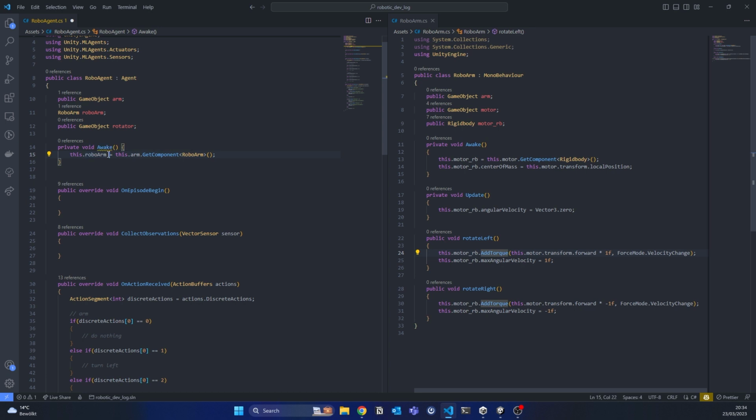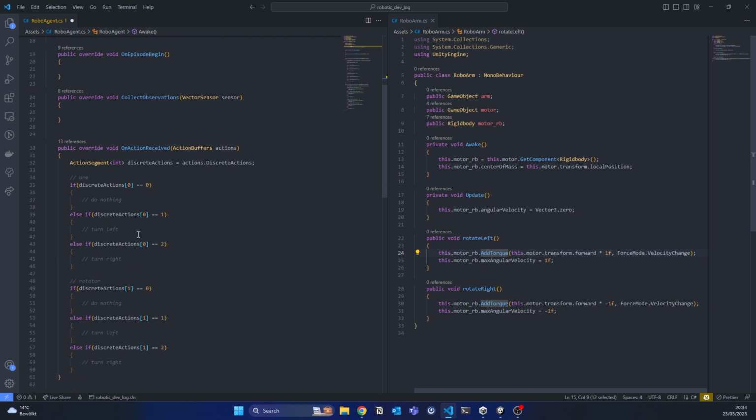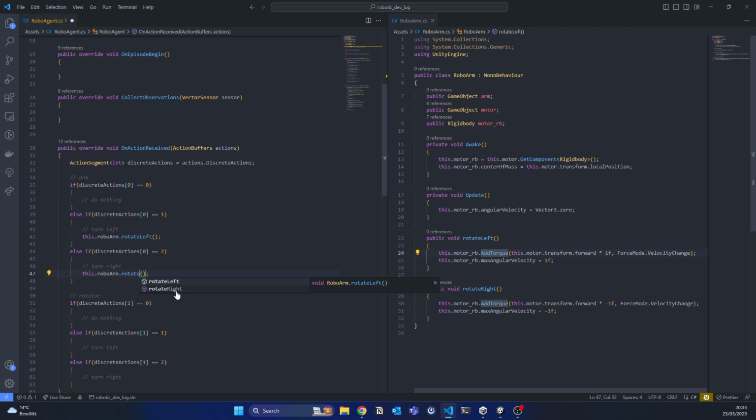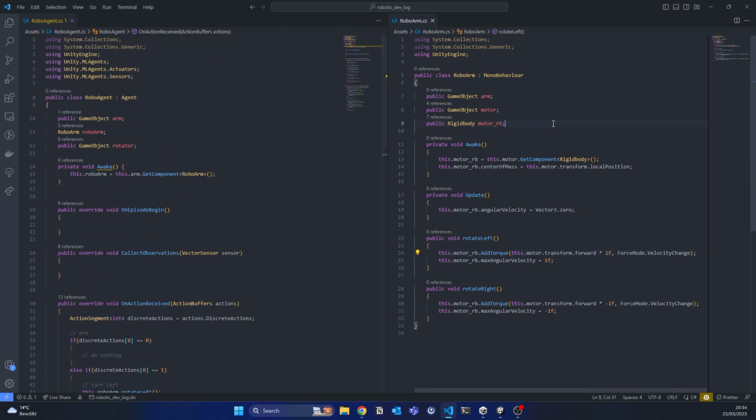Okay, so we have cached our robo arm, and now we can say in the arm do nothing. Robo arm dot rotate left, and here we're gonna say robo arm dot rotate right. Okay, so let's just try that if this structure kind of works for us.